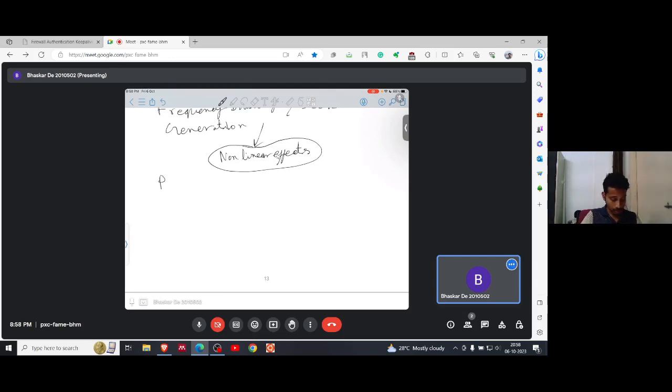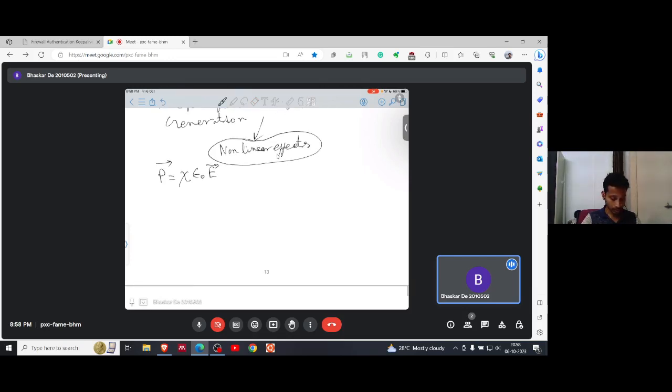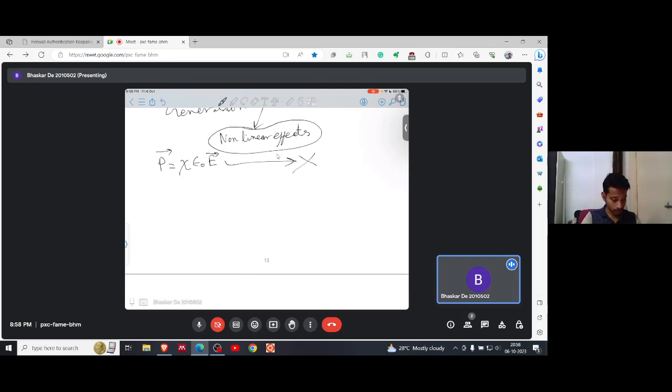In general, the polarization is proportional to the electric field, but when the electric field is increased significantly, nonlinear interaction begins to occur within the material to the extent that this equation is no longer valid, and we have to use this equation in order to understand the mechanism, that is chi1 E plus chi2 E square plus chi3 E cube plus dot dot dot.